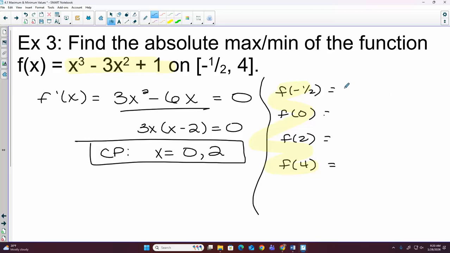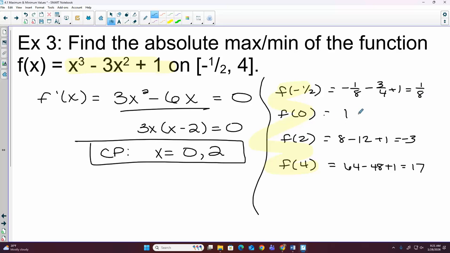Put in -1/2. So when I put in -1/2, I got 1/8.